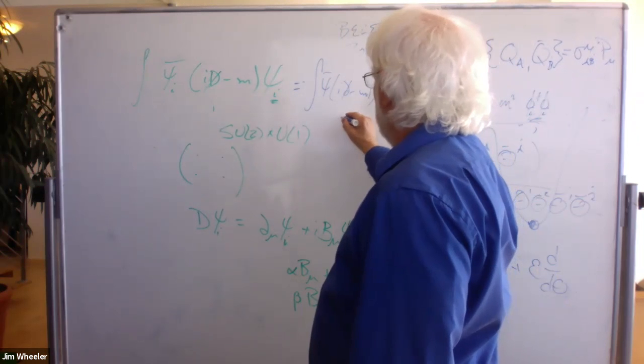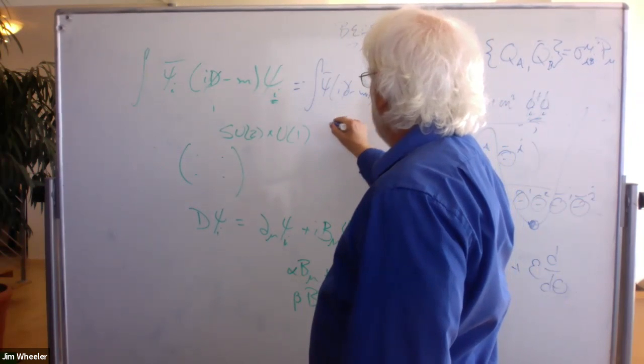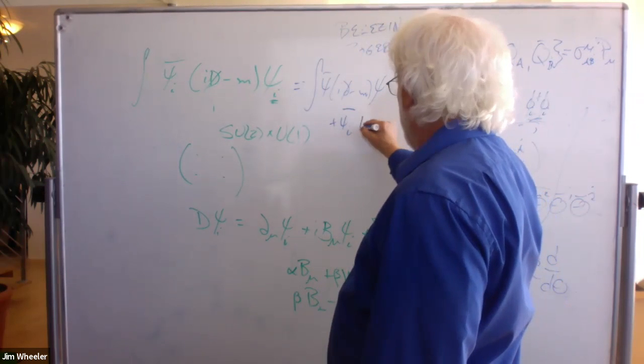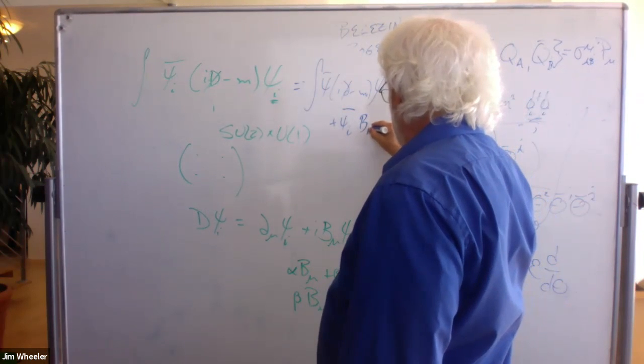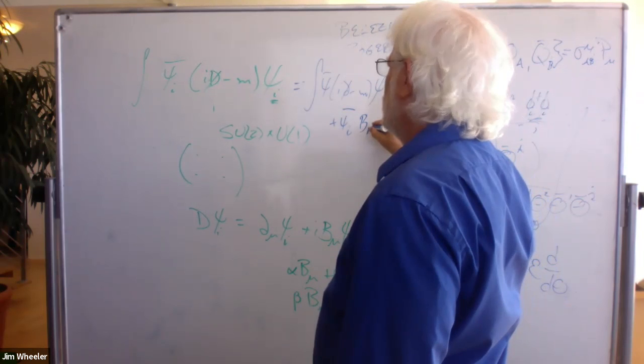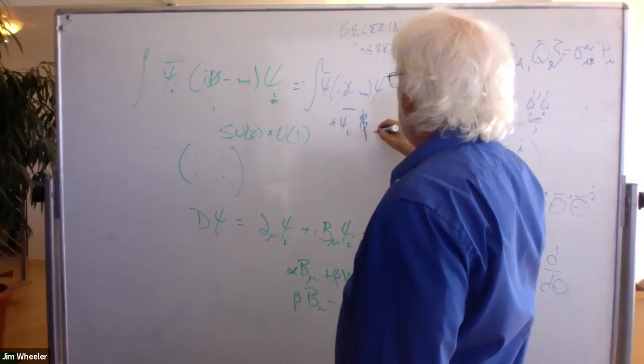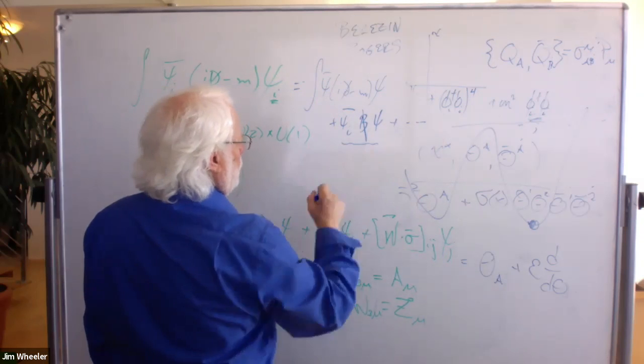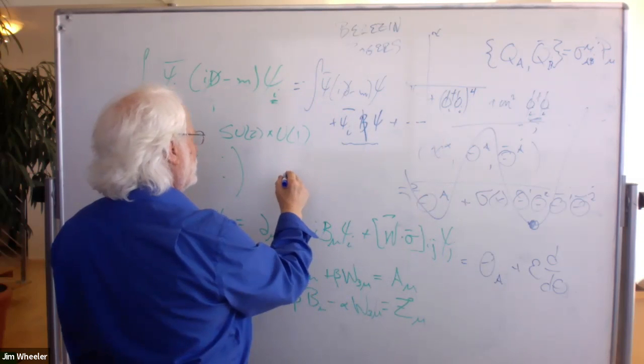So you're going to have psi i bar with, say, b-slash psi, and then other things with the W's. But look at what this is. This involves three fields, right?